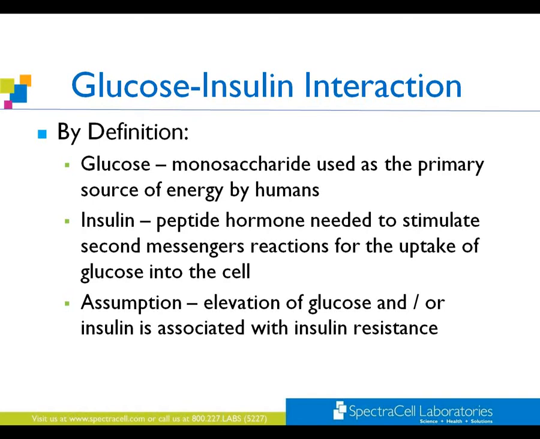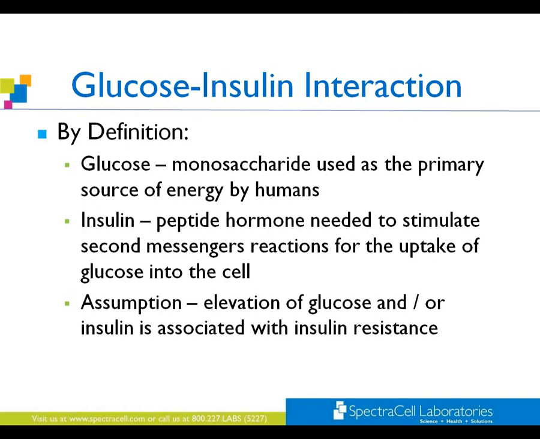Now, when we talk about glucose and insulin, those are obviously part of the diabetes, the dysglycemic conversation. This is what goes through our head. We look at glucose and we think, okay, it's a monosaccharide, the primary energy source, and it's not getting into the cells, it's not being taken up into the cellular machinery.